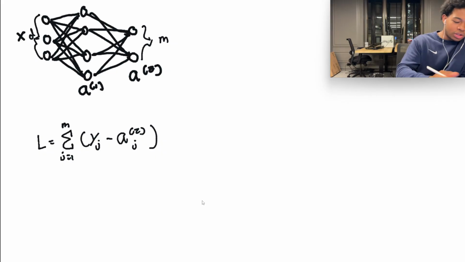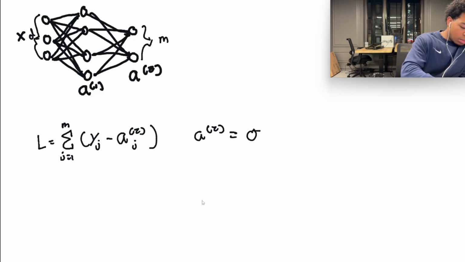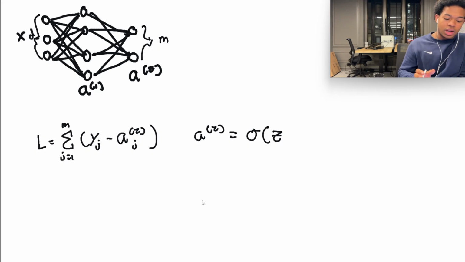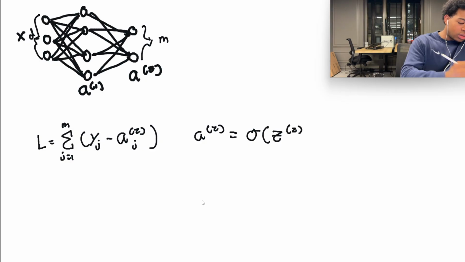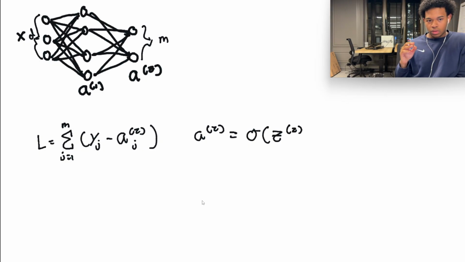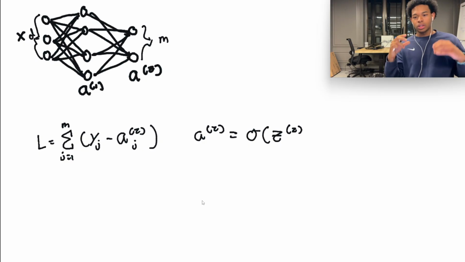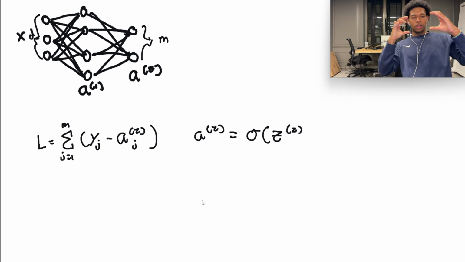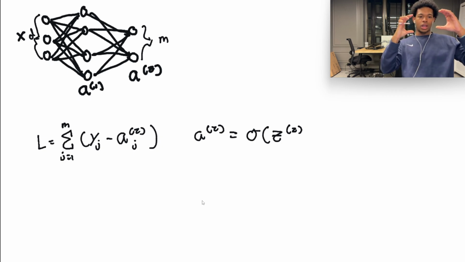We had done it horizontally, so we have A of 2 equals sigma of z of 2. And I'm going to say z of 2 here as well, for the sake of notation, that if it's a superscript in parentheses, it's a layer.